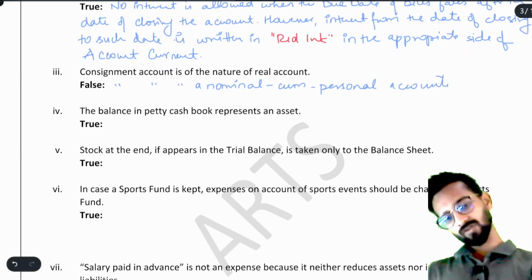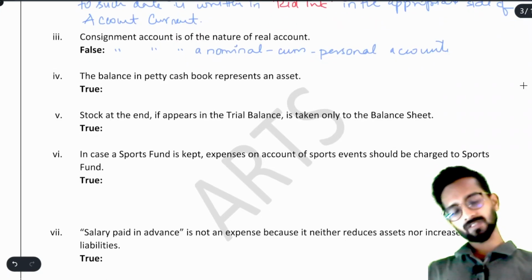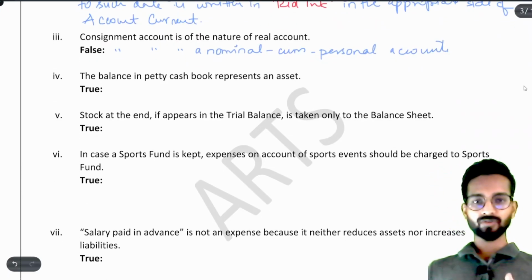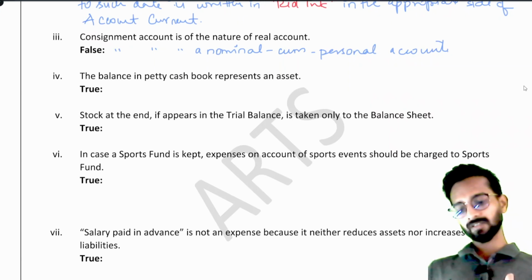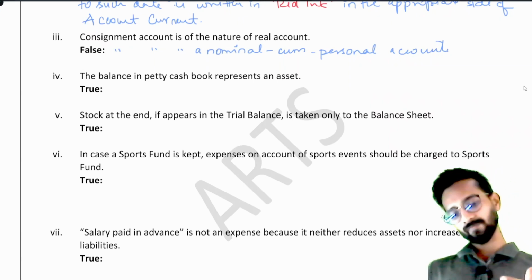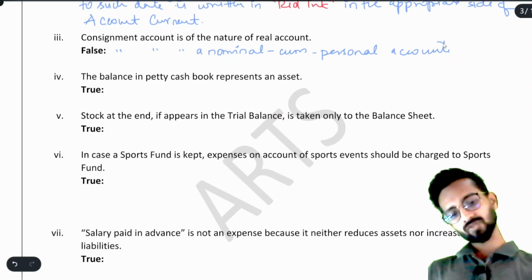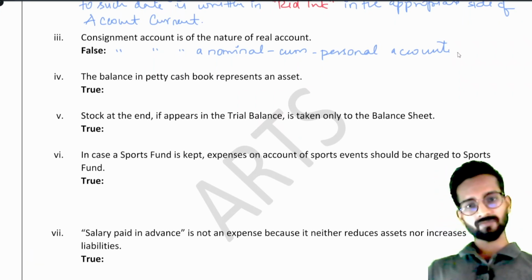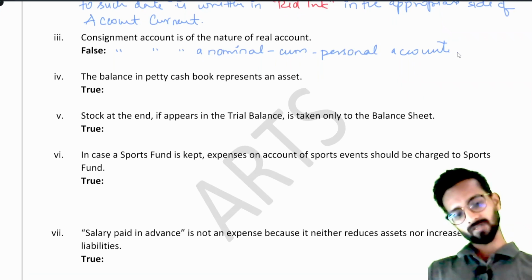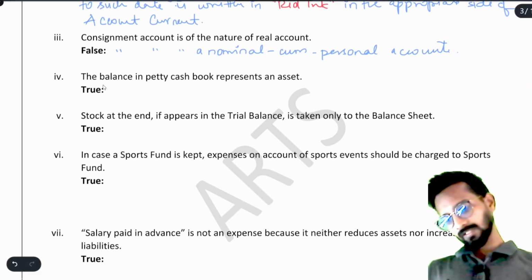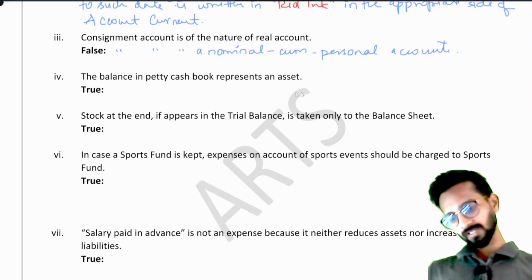Now see, these all questions are very basics. If the basics are very strong, you will never get disturbed by these kind of questions, okay. If you want to improve your fundamentals, we have already published a series for the fundamentals of accountancy, you can go and check, okay. Now point number 4 we have here is, the balance in petty cash book represents an asset.